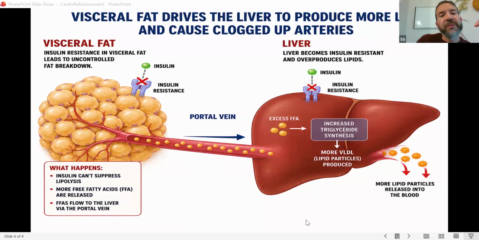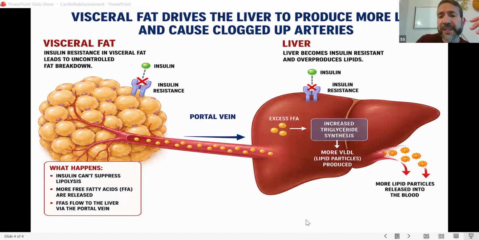That's what it does. But with insulin resistance, there is no pump on the brake, so visceral fat sends multiple bursts of these free fatty acids into the liver. So there's a condition of too much visceral fat around the midsection, and then you have insulin resistance added to that component.